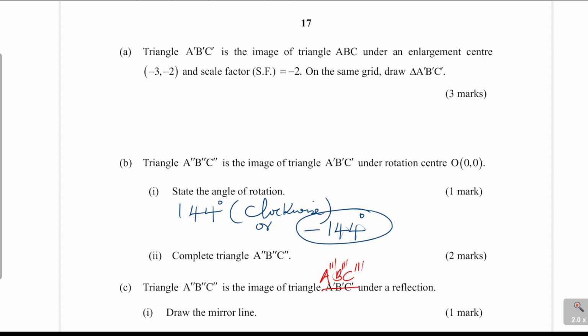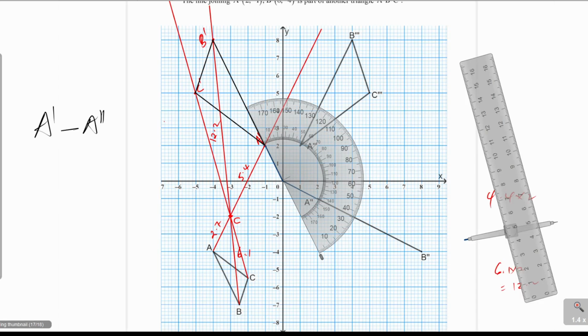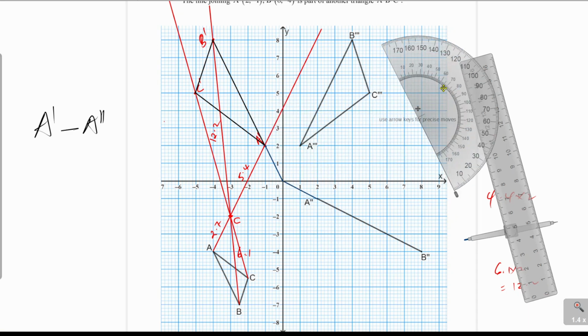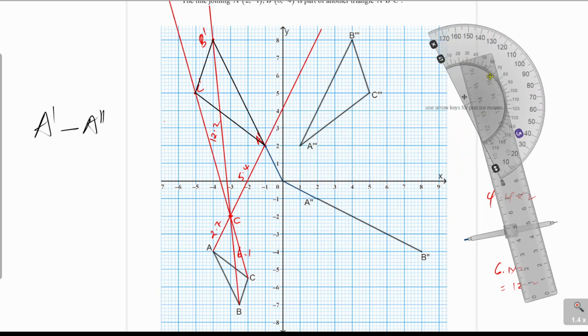Then you're supposed to complete, that is part 2, complete triangle A double prime, B double prime, C double prime. Complete that triangle. The only point that you don't have is point C. We have A double prime, B double prime, so we need to identify C double prime.